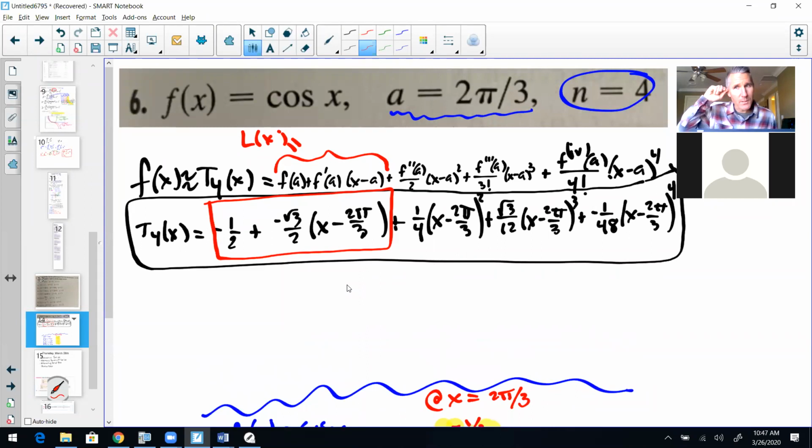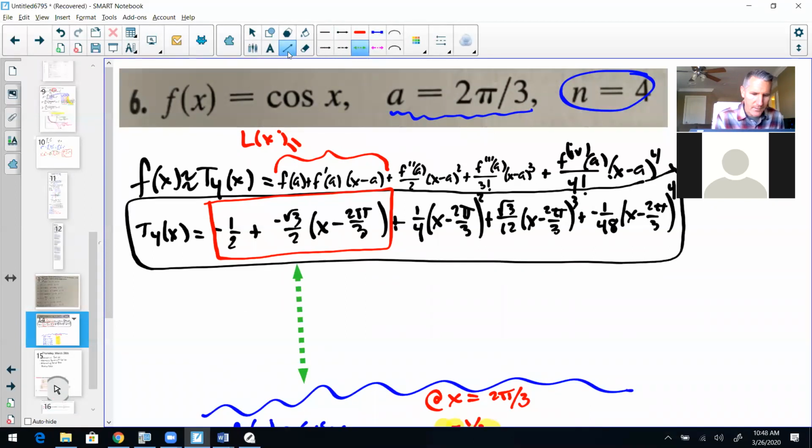I don't want to spend too much time, but if you think it would be valuable, do you want me to graph cosine of x, center it about 2 pi over 3, and then put this 4th degree Taylor polynomial on it? You know what I'll do? I'll give you a basic idea of what it's going to look like.